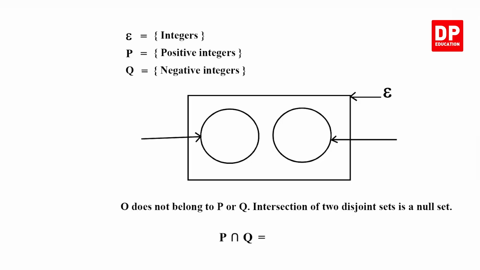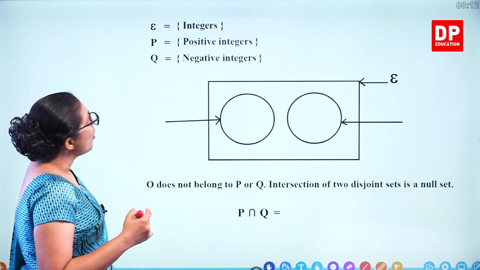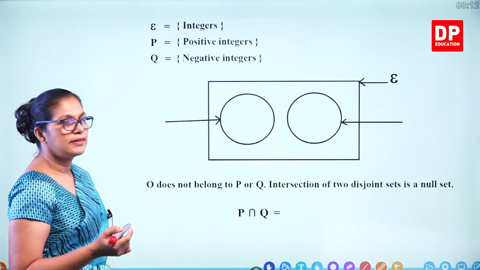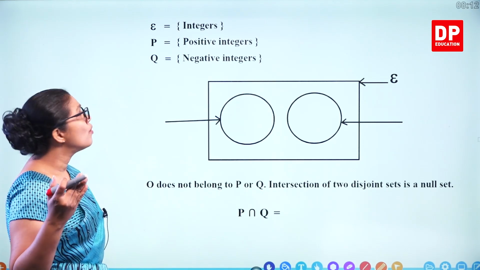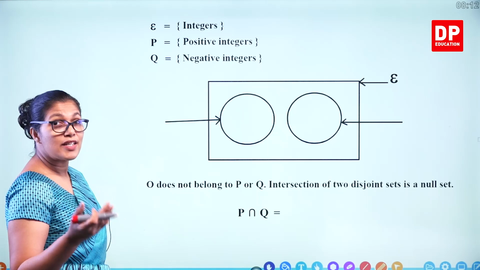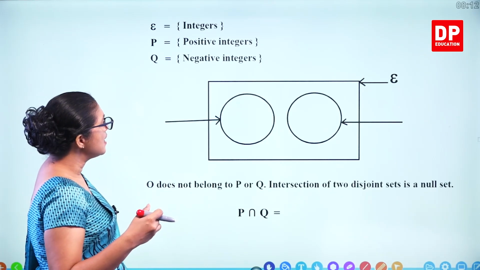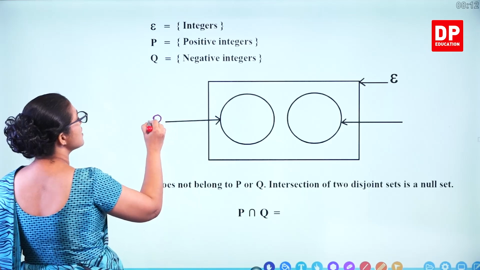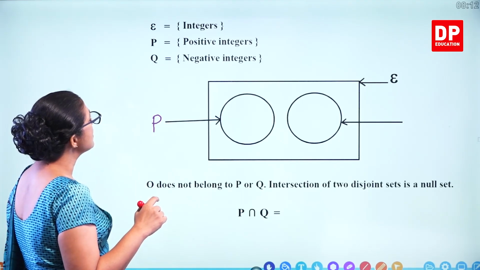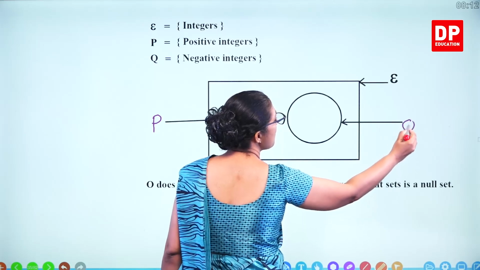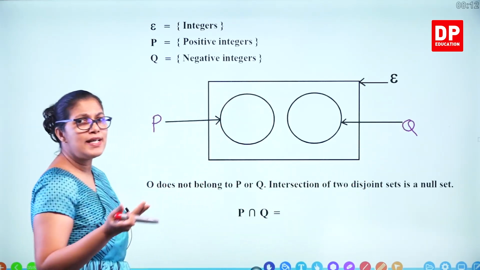Integers, positive integers, negative integers. What are the integers you can take? 1, 2, 3, 4, negative 1, negative 2. All integers you can take. But P is positive integers and Q is negative integers, so there are no common elements.